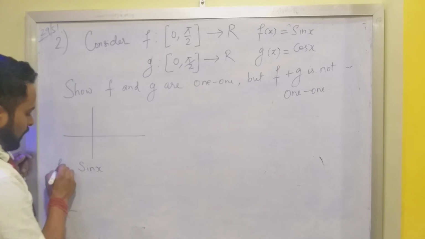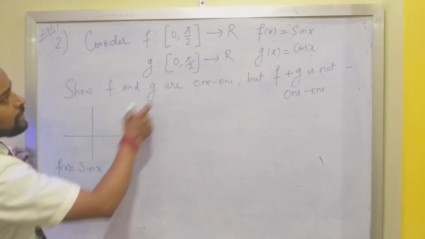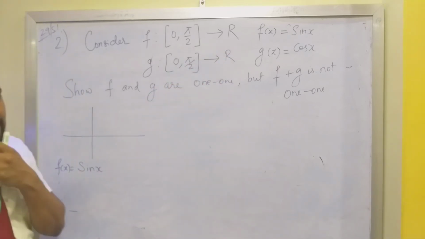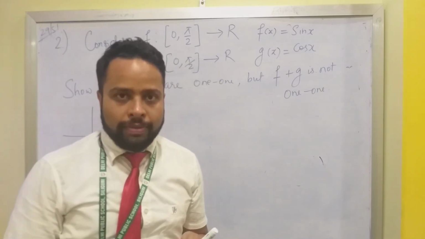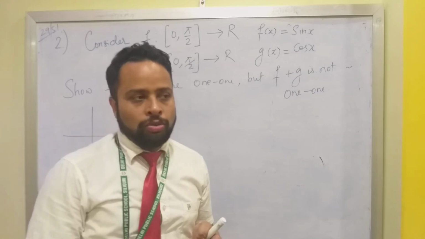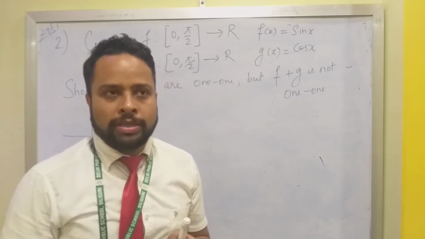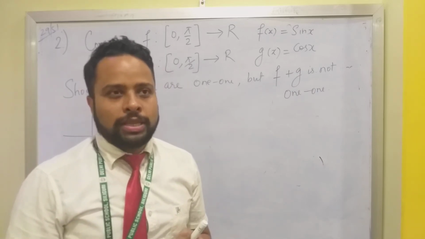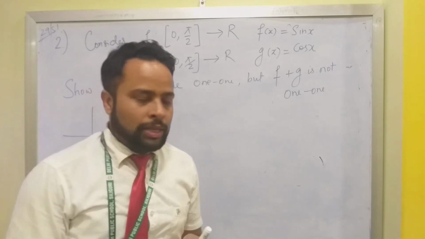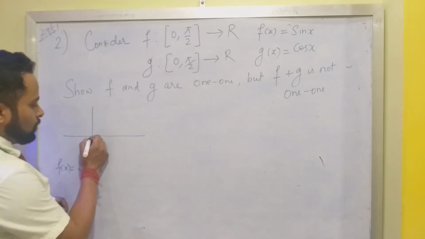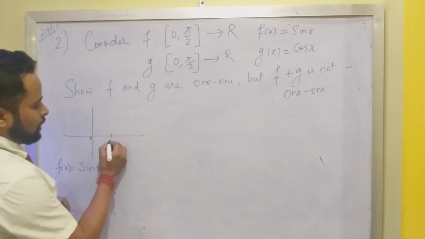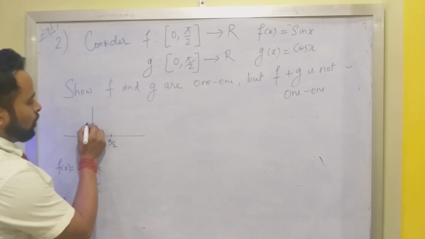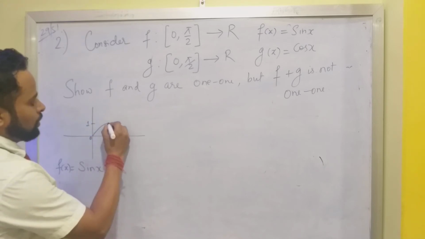F of x is sin x. Sin 0 is 0, sin 30 is half, which is 0.5. Sin 45 is 1 by root 2, which comes to 0.6 something. Sin 60 is 0.8, and sin 90 is 1. So the graph goes from 0 to 1, at 90 degrees, and the graph will go this way.